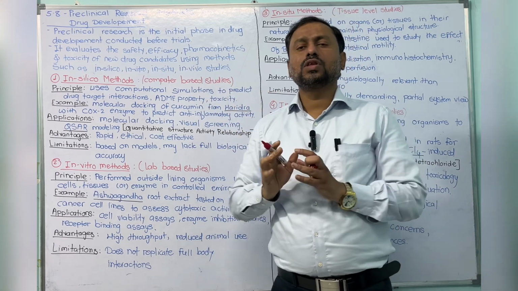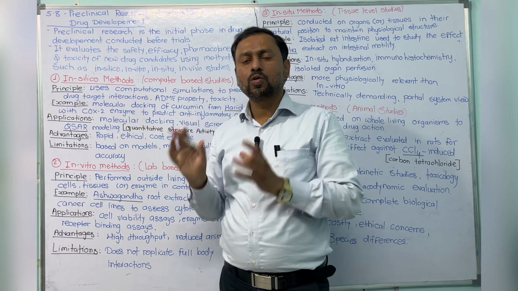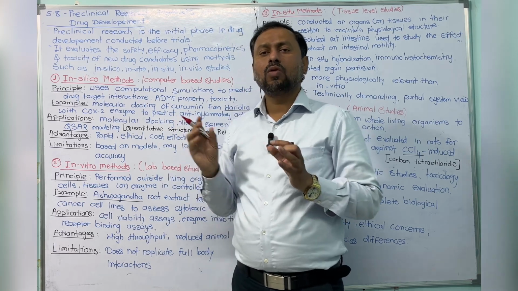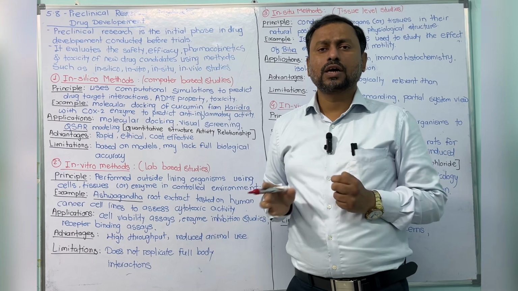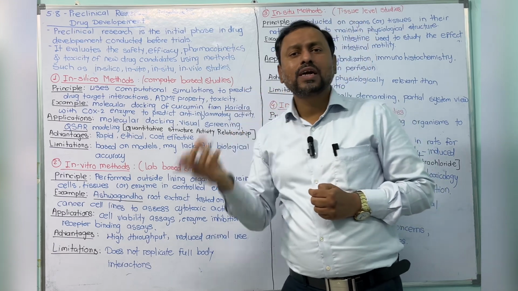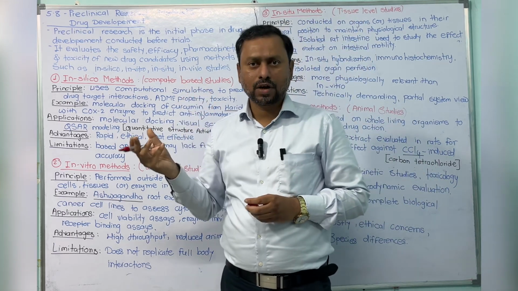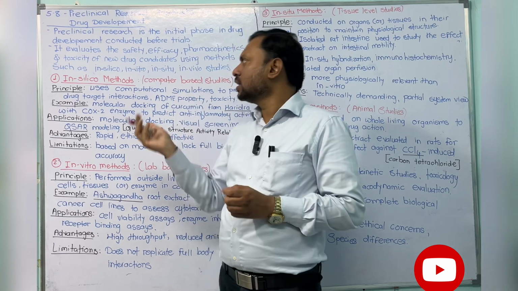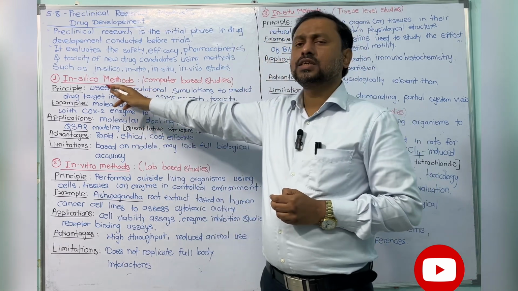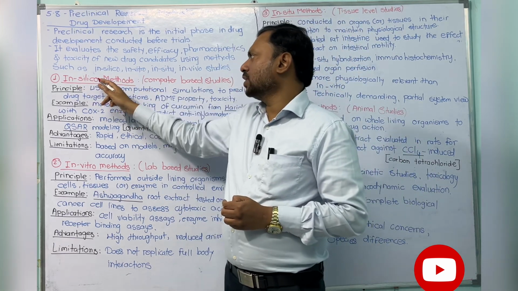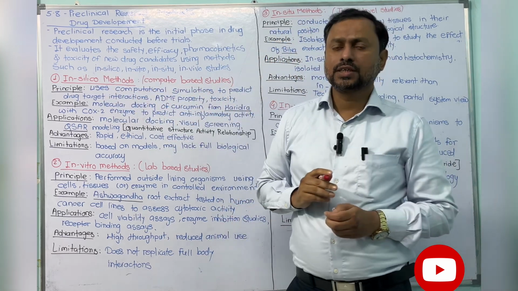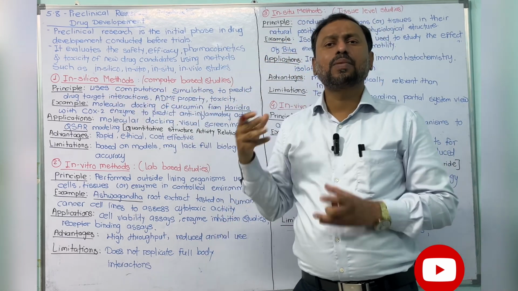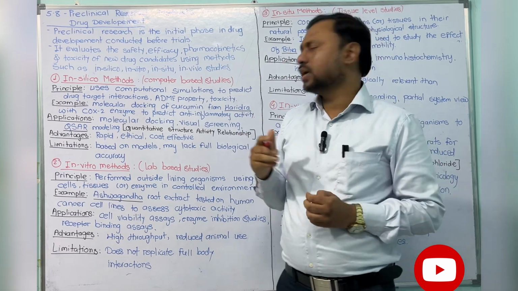It means without using any humans or animals, only by using the computer chip, we predict how the drug is effective and how the drug is working. In silico means analyzing through computer-based studies, predicting how the drug will affect.